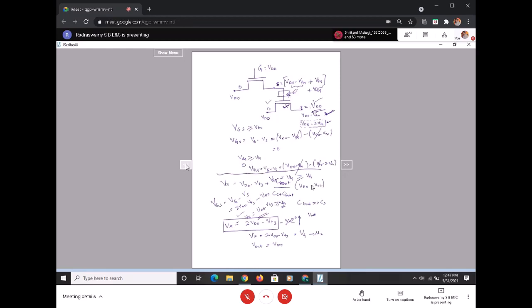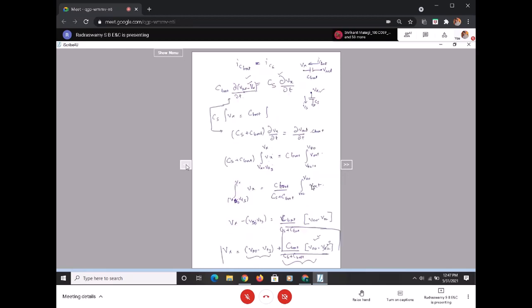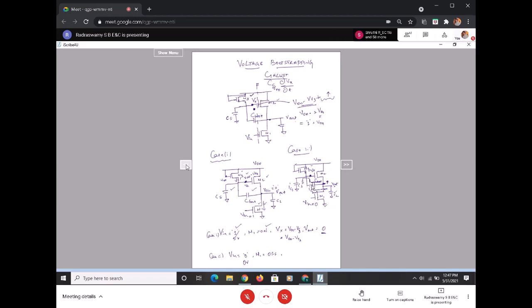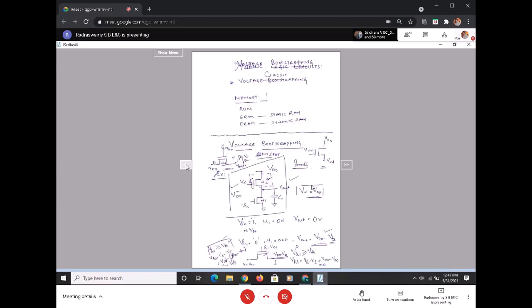So the voltage bootstrapping circuit is used to ensure there won't be a threshold voltage drop at the output. As an example, I had taken an NMOS inverter. When input was 1, V out was 0. Absolutely no problem, because I am getting logic low at the output.